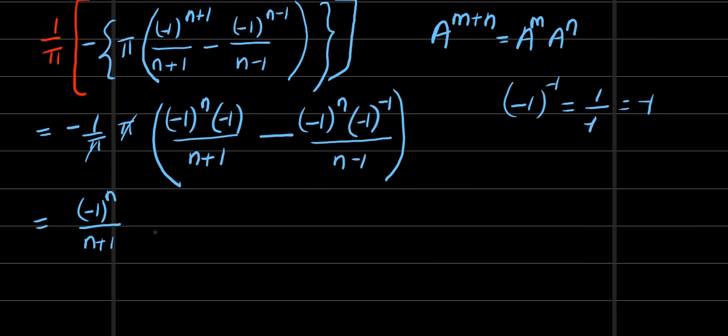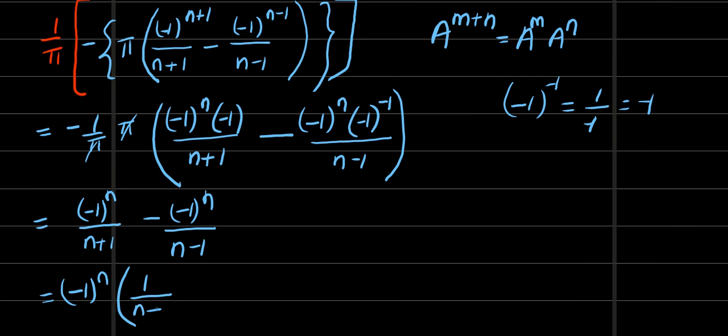So minus minus minus will be minus the whole power n by n minus 1. And that means we have something common, and 1 by n plus 1 minus 1 by n minus 1, and that's equal to minus 1 the whole power n.